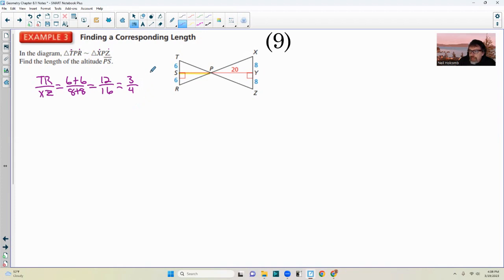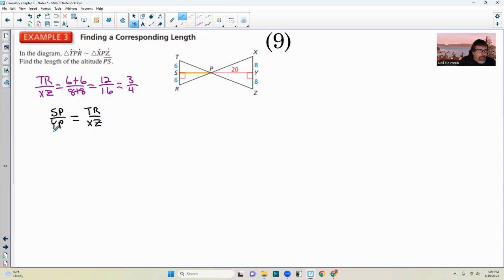Okay, so since that is the ratio of each side, we can now find SP. SP is to YP as TR is to XZ.